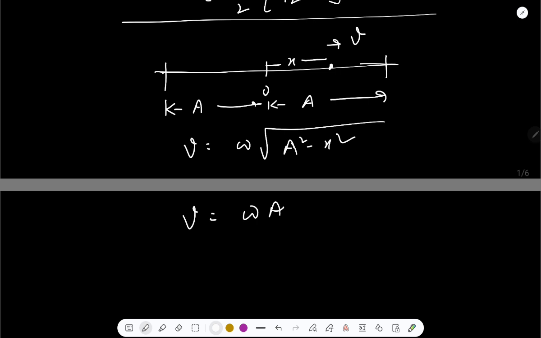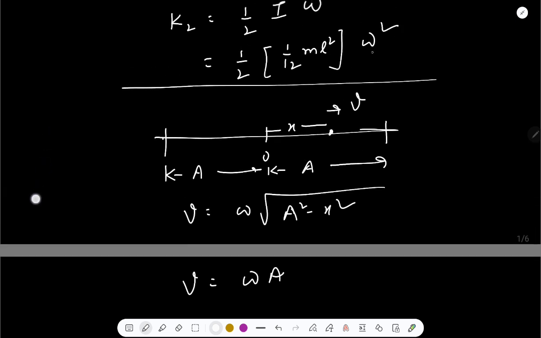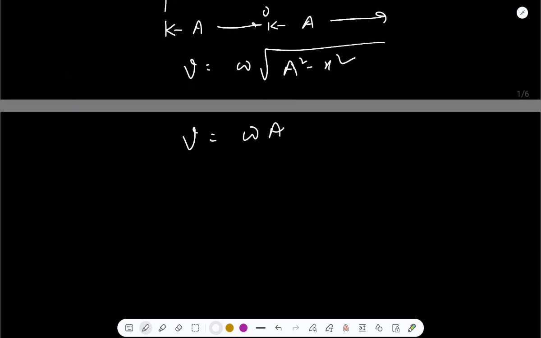This is also a memorable choice. Most often people remember it. The velocity at the equilibrium position is a omega. Here this omega is the angular frequency of oscillation. You can confuse between both omega. First I wrote omega as angular velocity of the rod, and this omega is different.